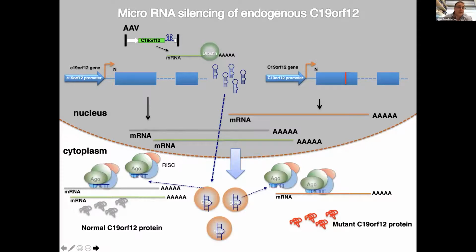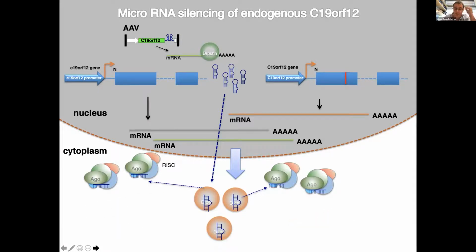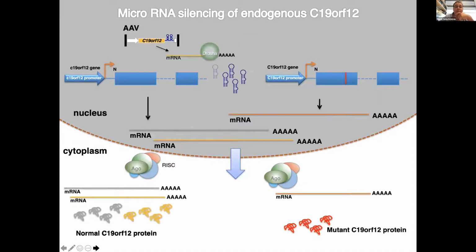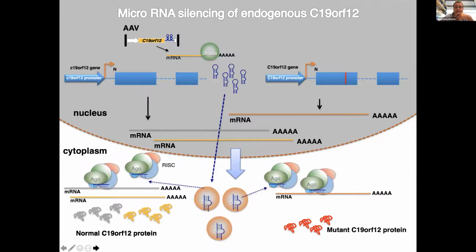They target the mRNAs, and all mRNAs can be degraded, also degrading the gene that you encode into the AAV vector. However, what you can do instead is design an mRNA expressed from the AAV vector that is resistant to a microRNA that has now become specific to the endogenous gene alone.